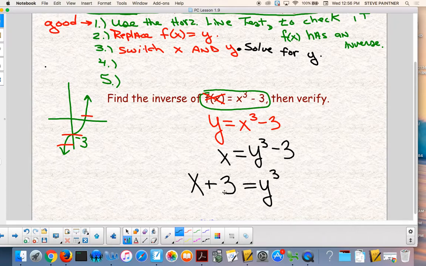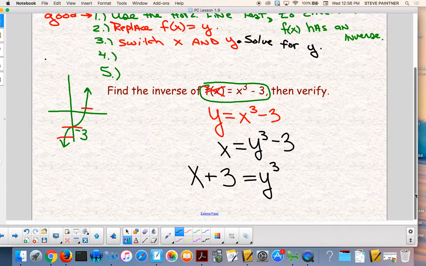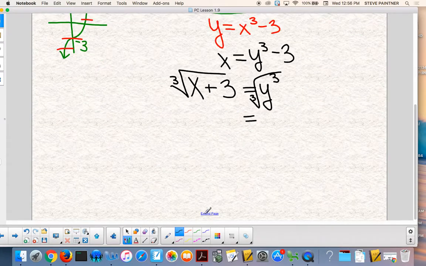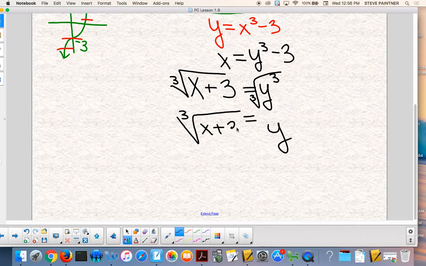You added 3 to both sides, you got x plus 3 equals y cubed. How do you get rid of the cube? Cube root. So you do the cube root of both sides. Answer: y equals the cube root of x plus 3. Is that good? Okay, that's your inverse. You found your inverse, it's right there.